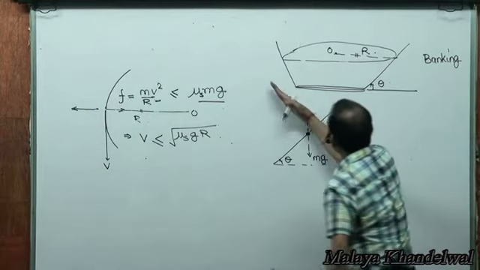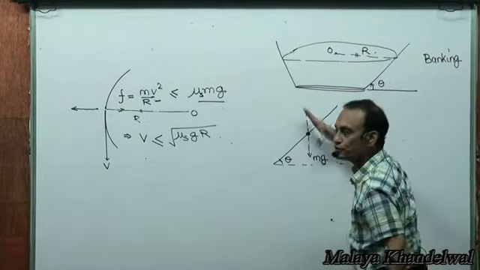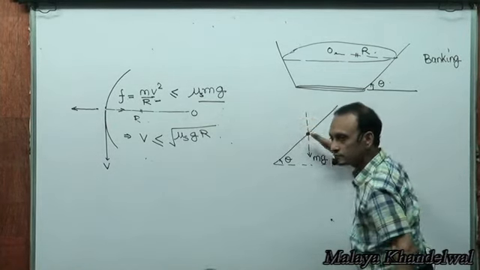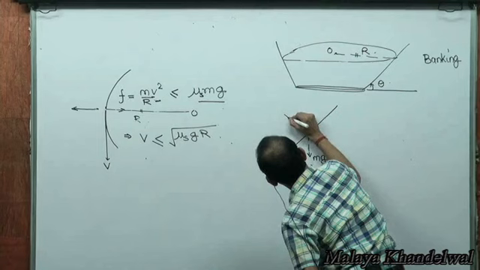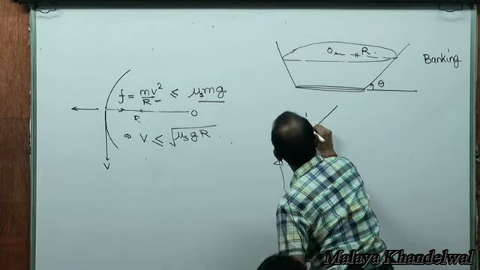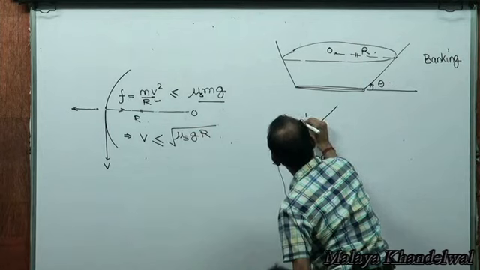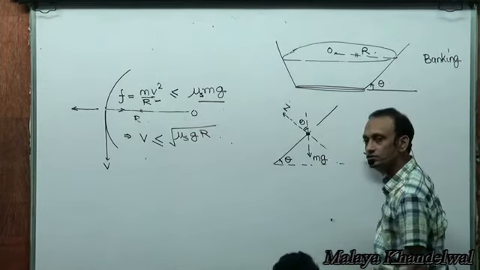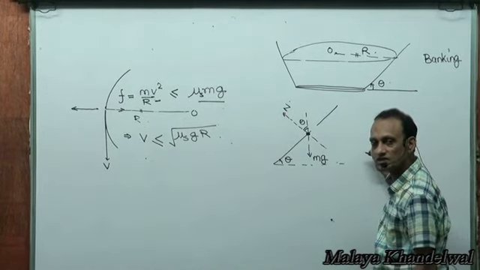Then the road will offer normal reaction to you, which would be at an angle theta with the vertical. Right? These are the two forces acting on you. Yes or no?